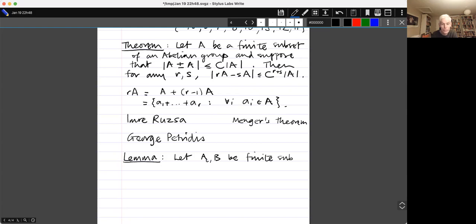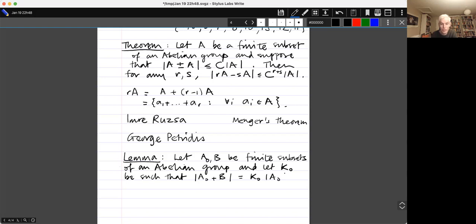Actually, I'm going to call it A naught because it's convenient to do so, of an abelian group, and let k naught be such that the size of A naught plus B equals k naught times the size of A naught. So all I mean by that is k naught equals the size of A naught plus B divided by the size of A naught.